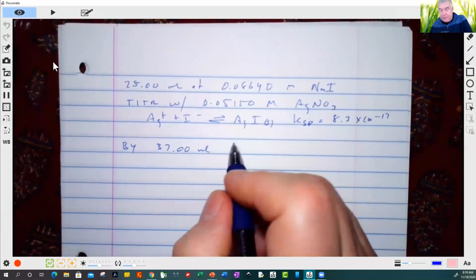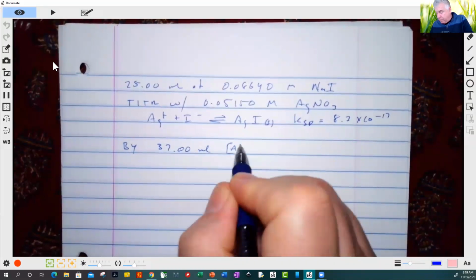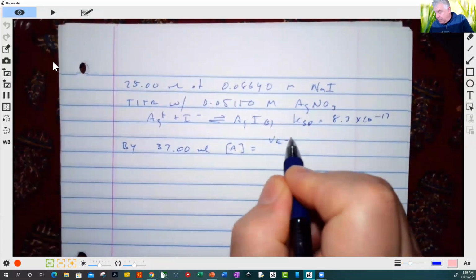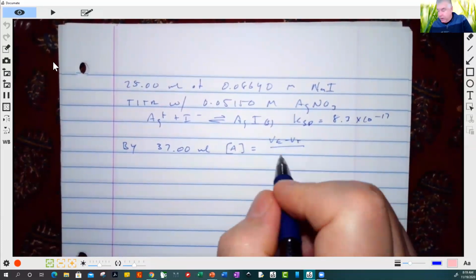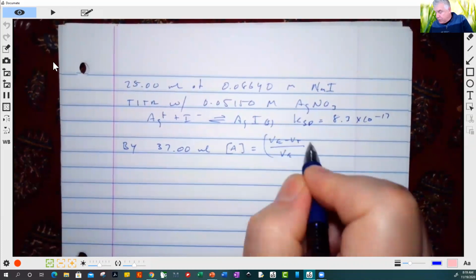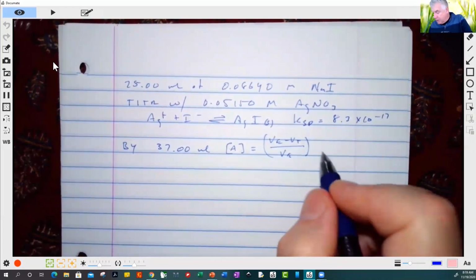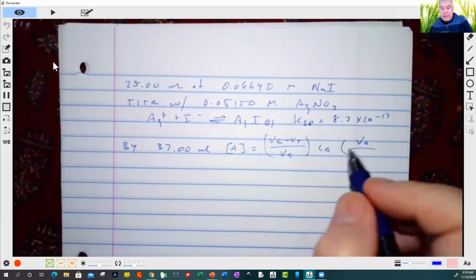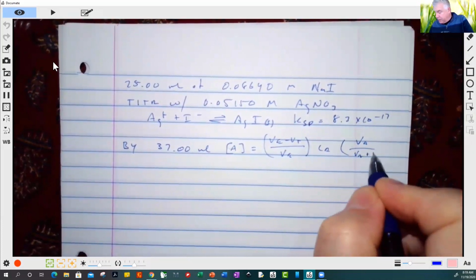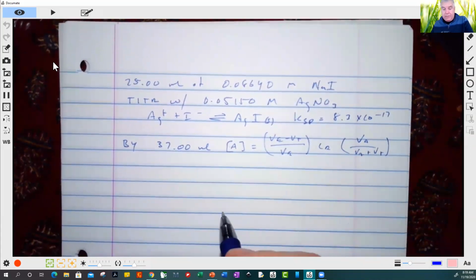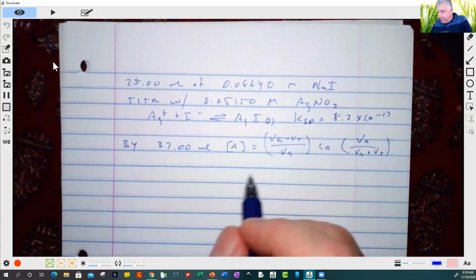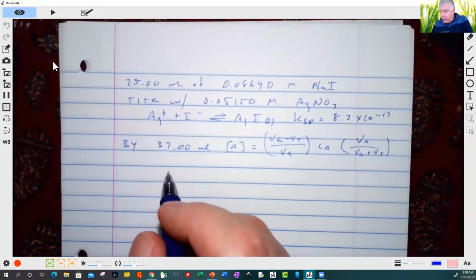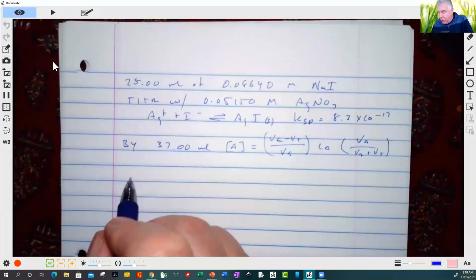And at that point, our analyte concentration will be VE minus VT over VE, the fraction remaining, times CA times VA over VA plus VT, right? So that's how we're going to calculate that first one. And then we're going to need to know VE though.